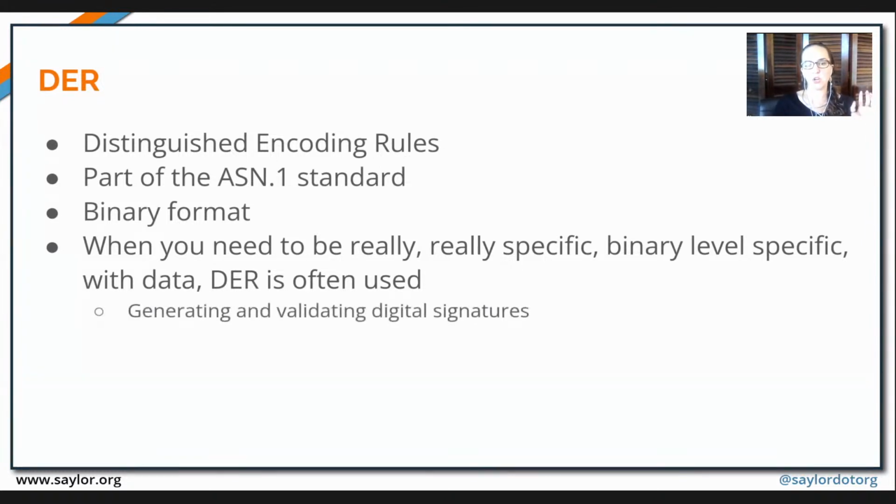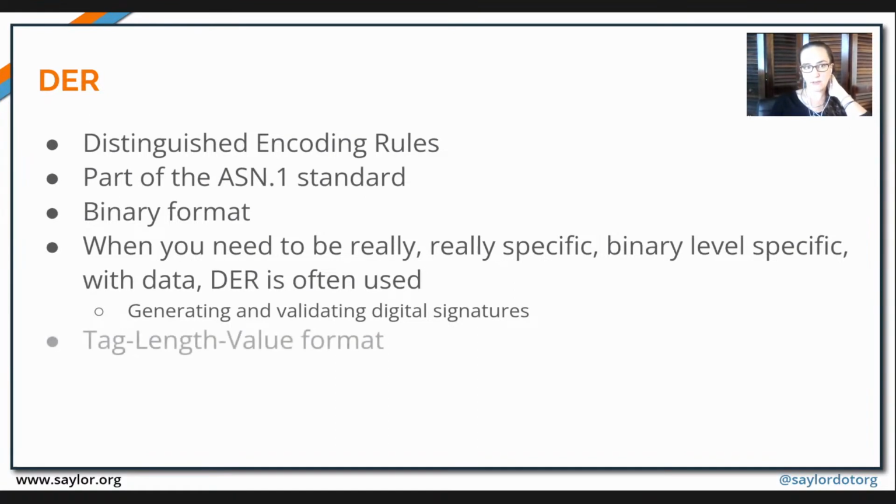That means when you're generating and validating digital signatures, you need to be really, really specific. You don't want to get that wrong. You have to generate a signature properly so that someone else can validate it. And when you're validating it, you want to be really sure that it's either a valid signature or an invalid signature. So when you need to be that specific, this binary-level encoding is often used.